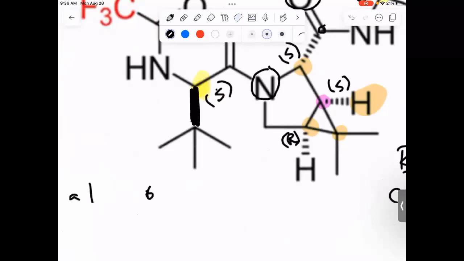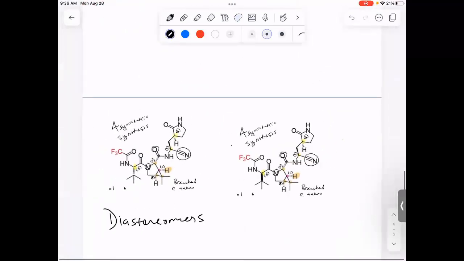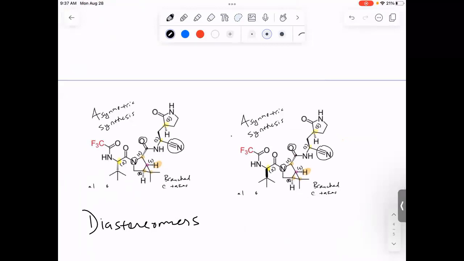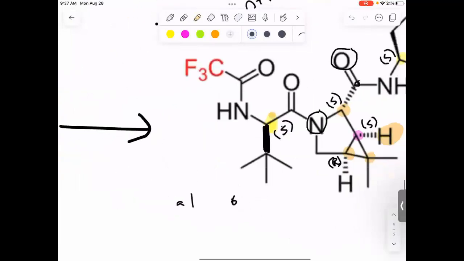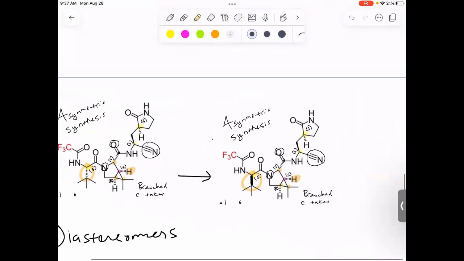I'm just going to change that stereocenter right there. Do you see that? What's different? Everything else stayed the same, didn't it? Did y'all catch that? I took this stereocenter right here, and I changed it from dashed to wedged.